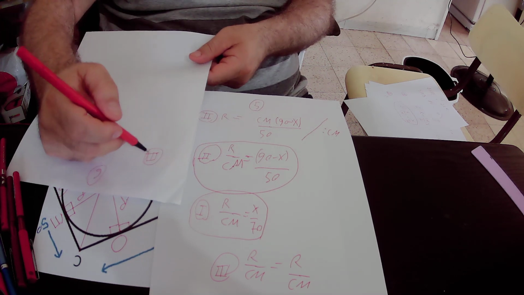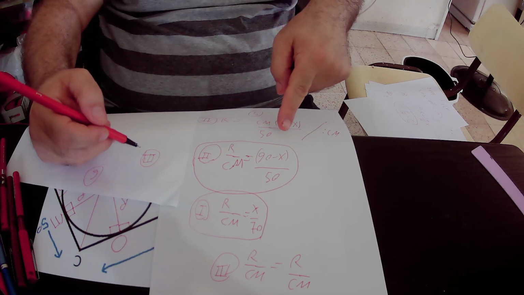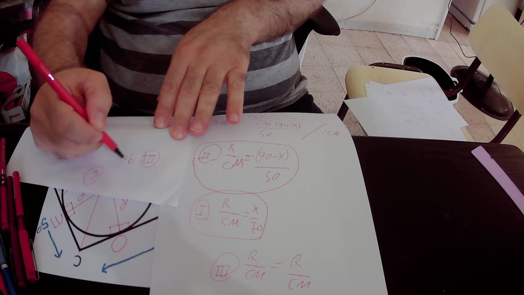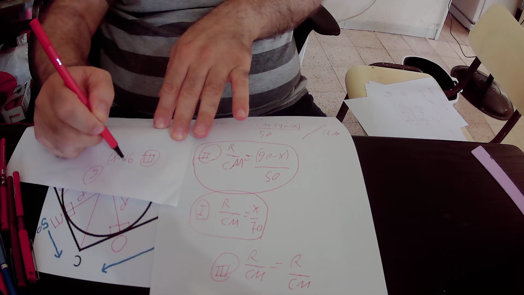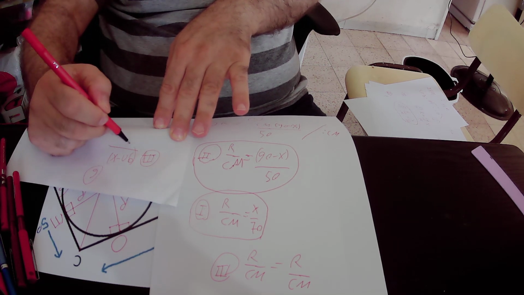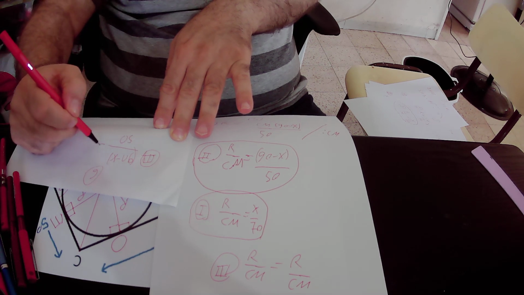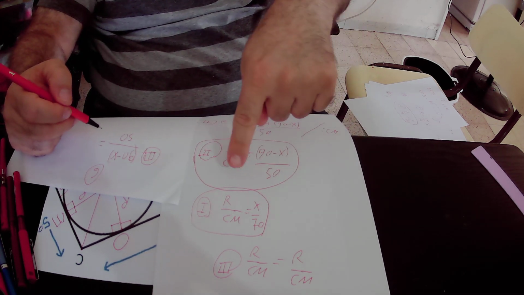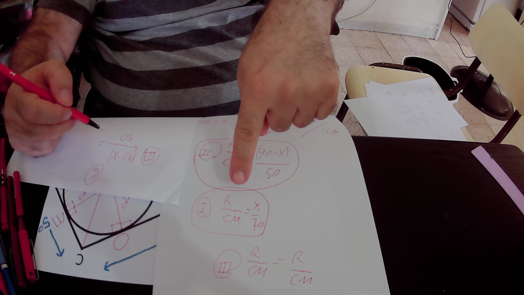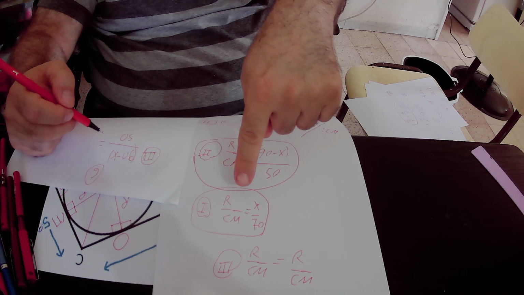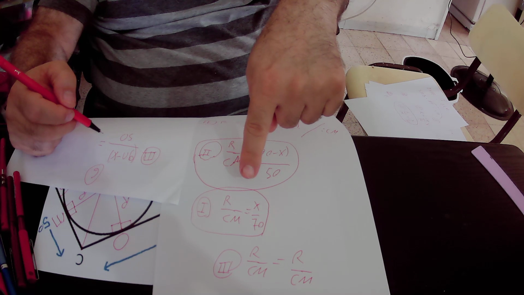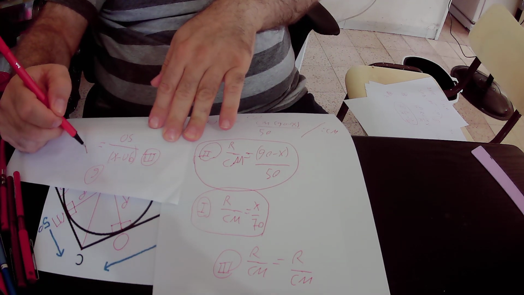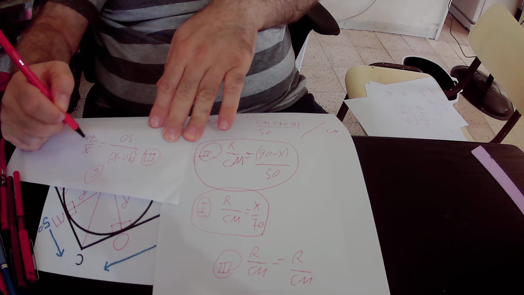That is to say, R over Cm in the second equation equals 90 minus X over 50, and we'll substitute R over Cm by the value of R over Cm in the first equation, and R over Cm in the first equation equals X over 70. Okay?